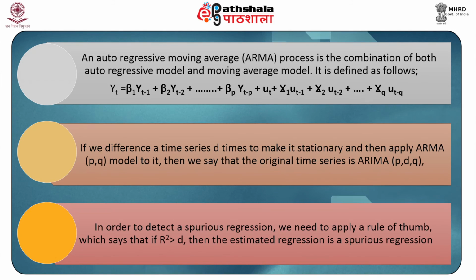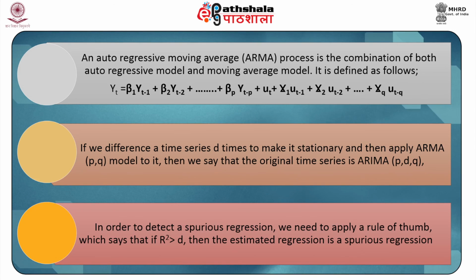We have learned that if xt is integrated of order 0, that is xt is I0, which is stationary, and yt is integrated of order 1, that is yt is I1, which is non-stationary, then their sum will be integrated of order 1 and will be a non-stationary time series. I am sure you can recollect, we said it can be written as xt plus yt is of the order I1.